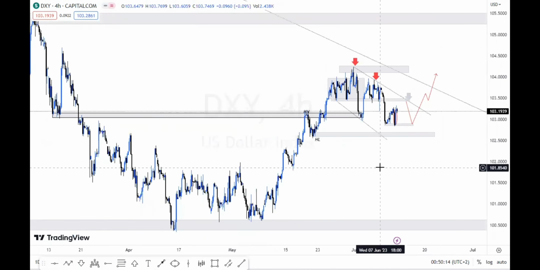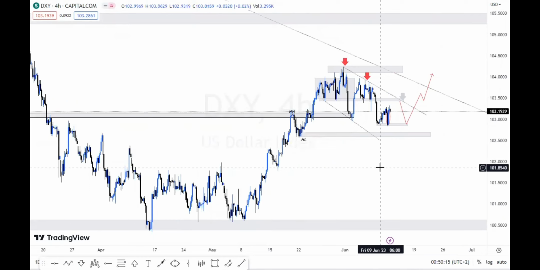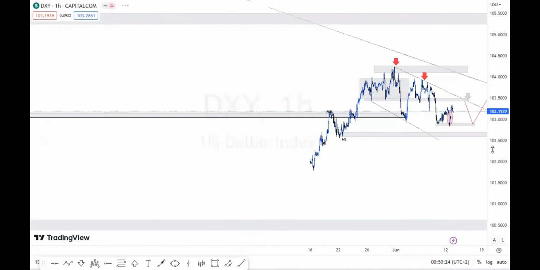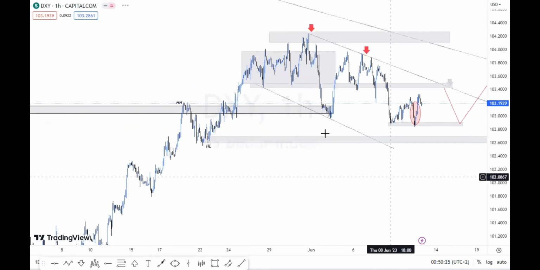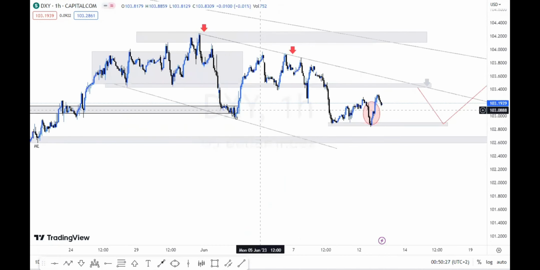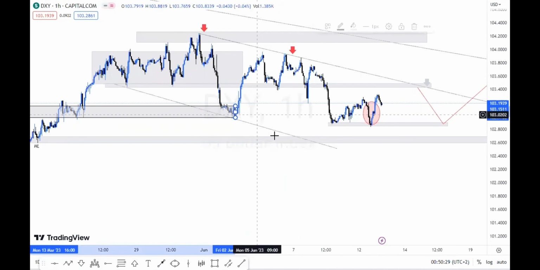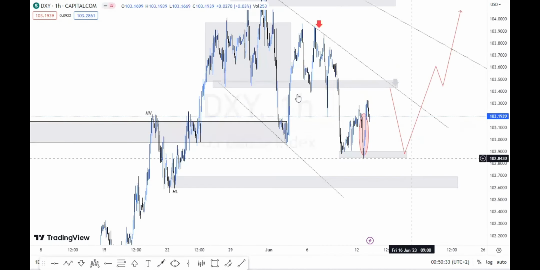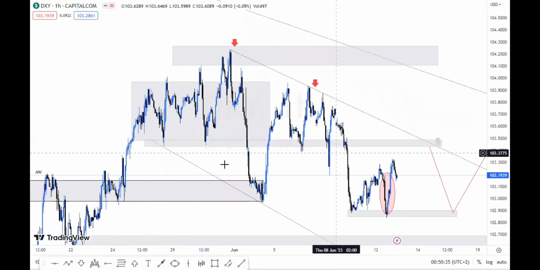Let's go down to the 1 hour. I'm not gonna lie to you guys, this looks bullish. How does it look on the 1 hour?